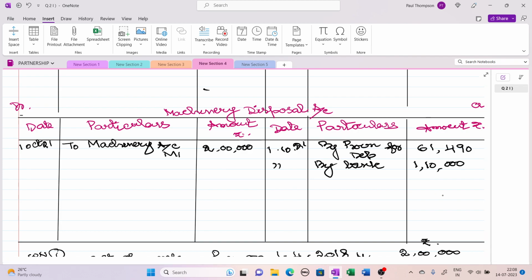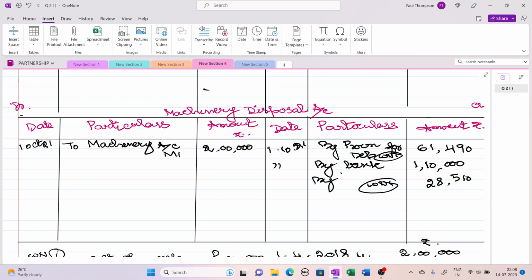So we end up with a loss of 28,510. This you can write work note 1 here, and here also you can write work note 1. So by P&L account.